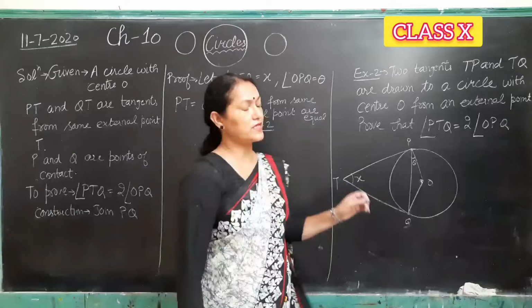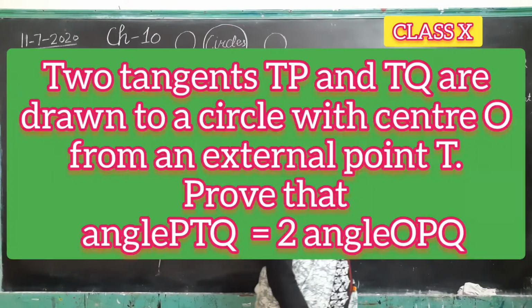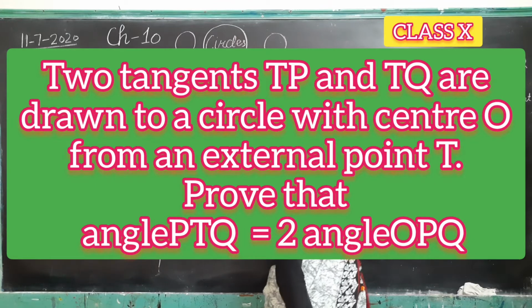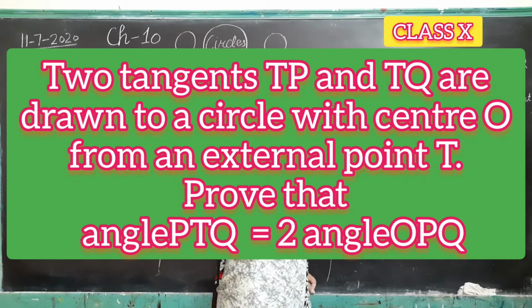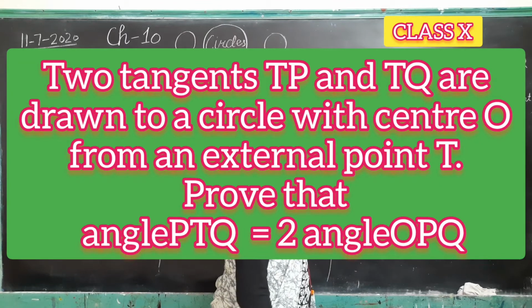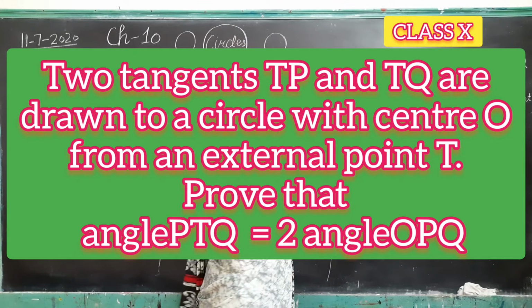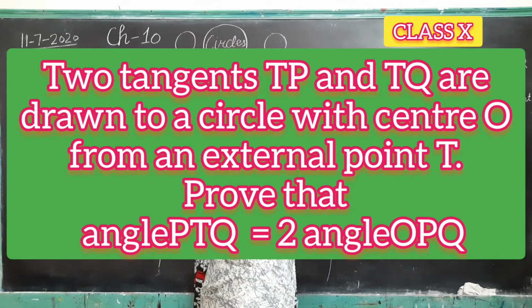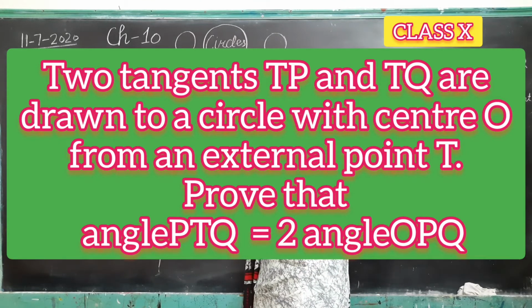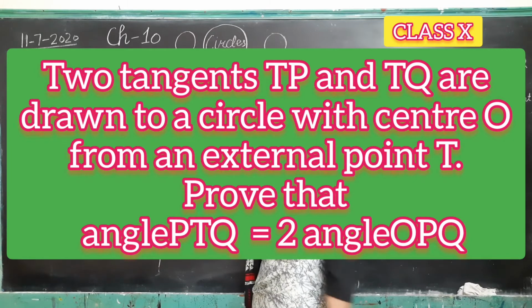Hence proved. Next example: two tangents TP and TQ are drawn to a circle with center O from an external point T. We have to prove that angle PTQ is equal to double of angle OPQ.